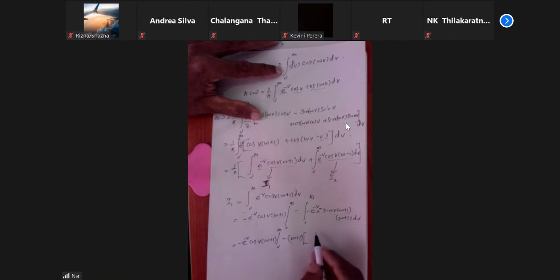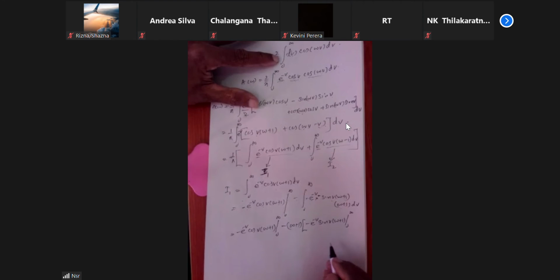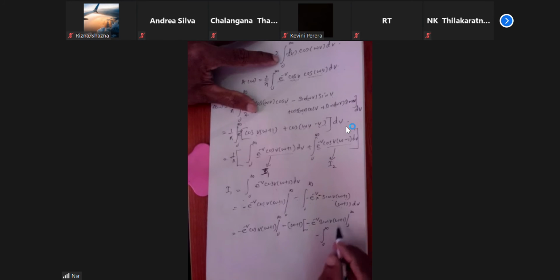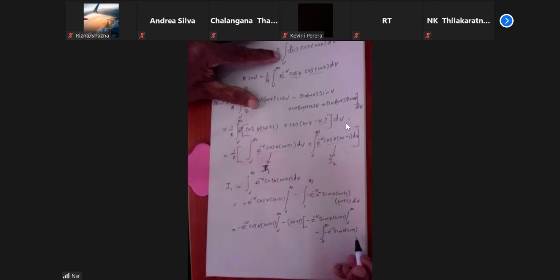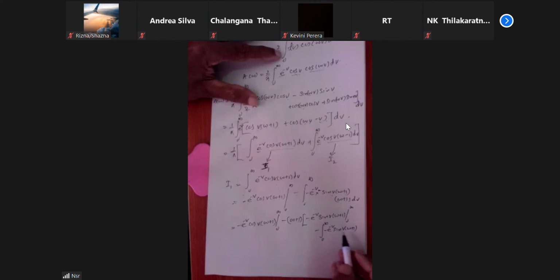That is minus e to the power minus v sine v omega plus 1, from 0 to infinity, minus the integration from 0 to infinity of the integrated function, this one, e to the power minus v sine v omega plus 1, oh sorry, that should be cos, right?